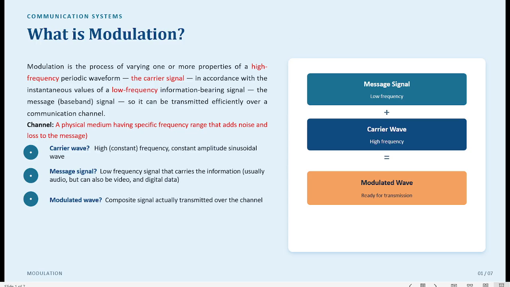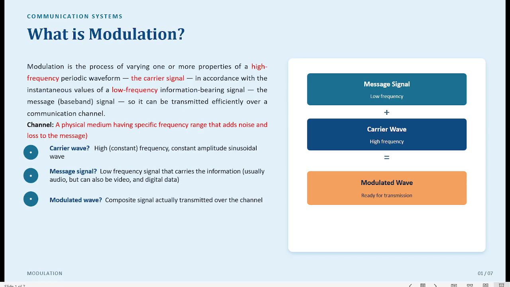Let us today discuss what is modulation and what is amplitude modulation. So first, let us understand the process of modulation and some of the terms associated with this modulation process.